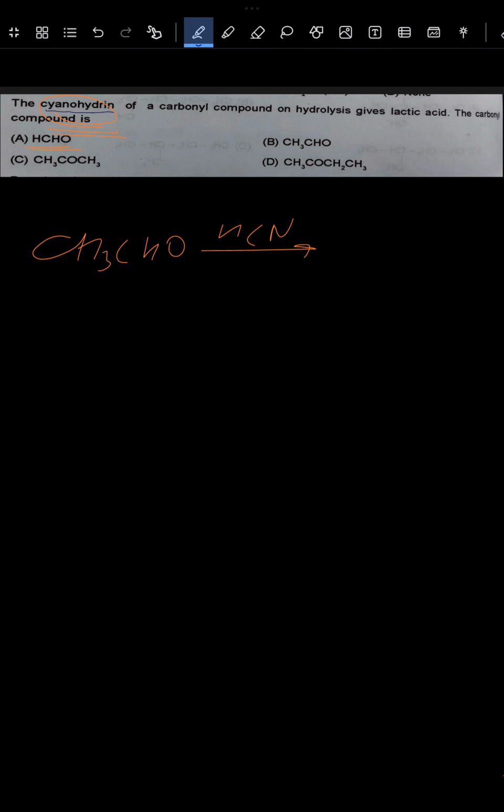First we'll convert this into a cyanohydrin, which will come here. This charge will come here. It will be like this.